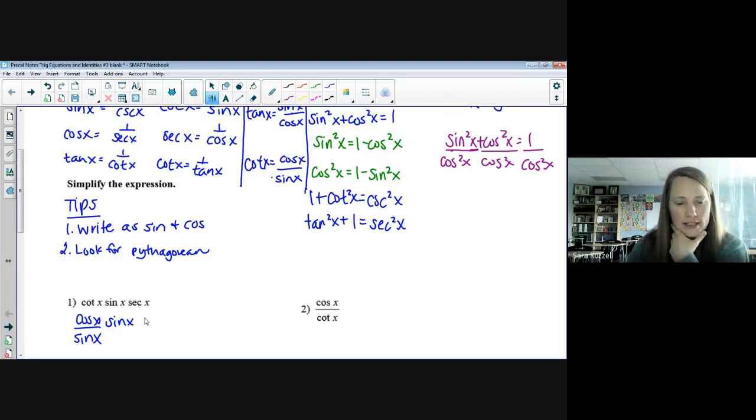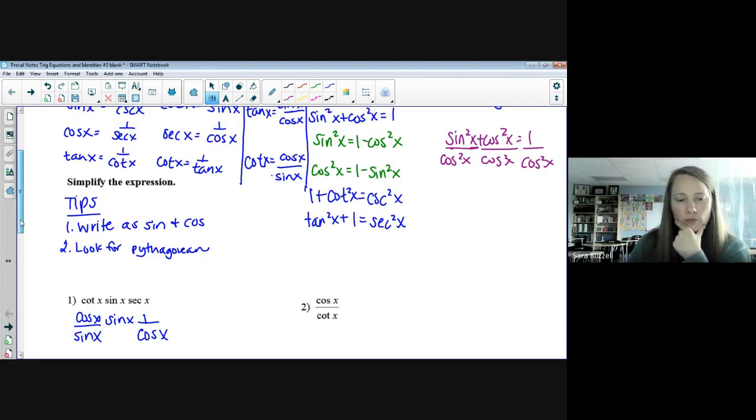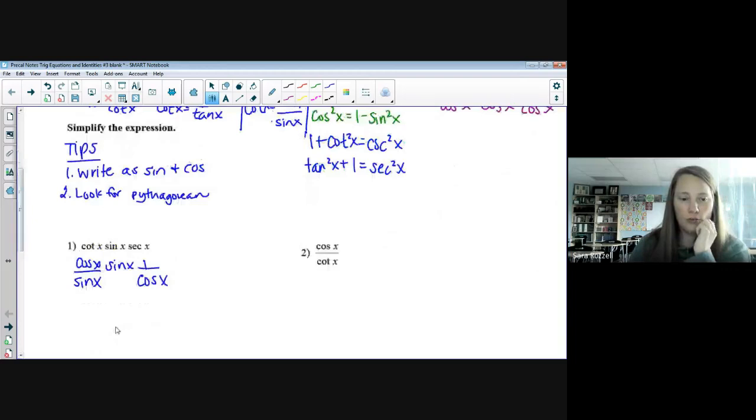So where I see secant, I'm going to instead replace it with 1 over cosine. Okay. So now we can multiply across and then we'll cancel. Actually, you could cancel now if you wanted to. So I've got cosine x times sine x over sine x times cosine x. I just go straight across the top, straight across the bottom.